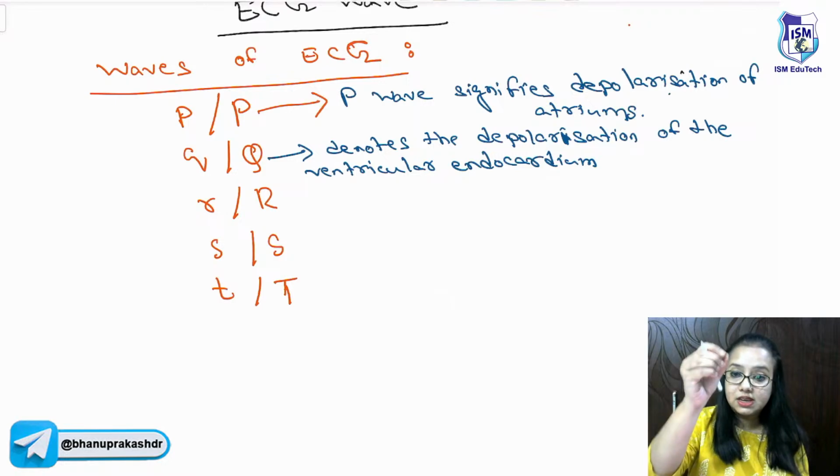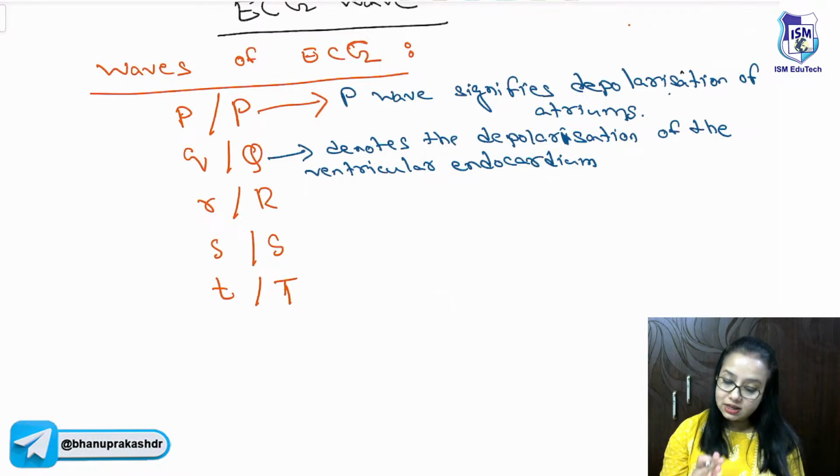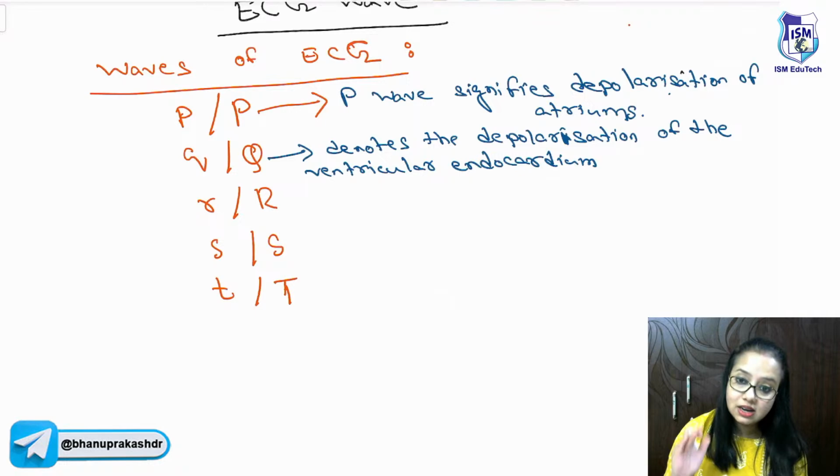When from the AV node the impulse is coming down across the interventricular septum, the first endocardial portion to get the wave of depolarization is the left endocardium. So it mainly signifies the depolarization of the endocardium first to the left and then to the right. So overall, the endocardium of the ventricle.